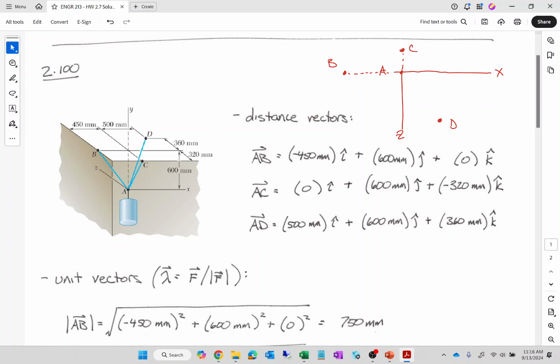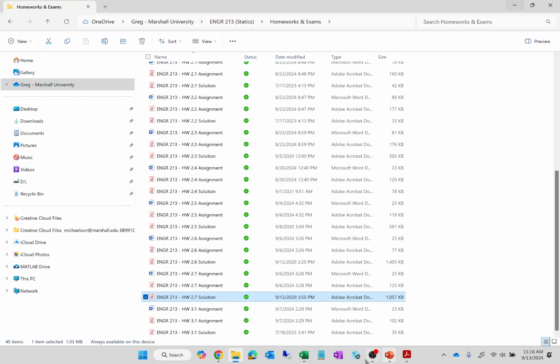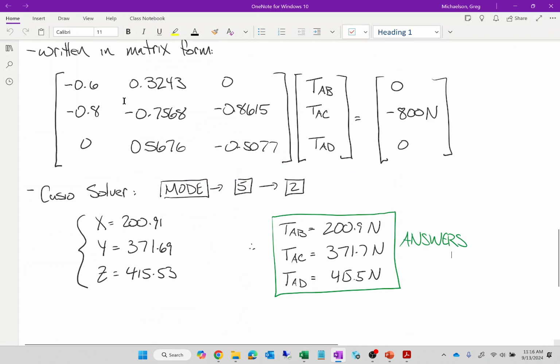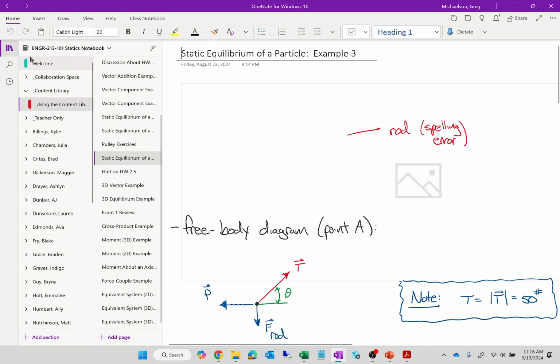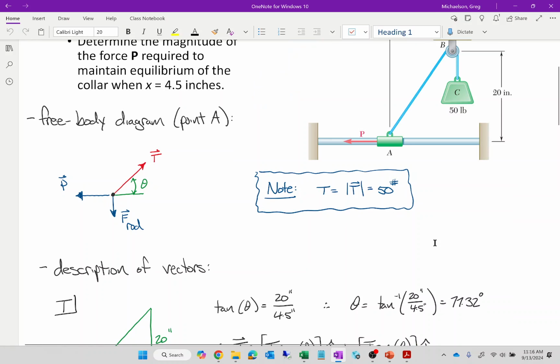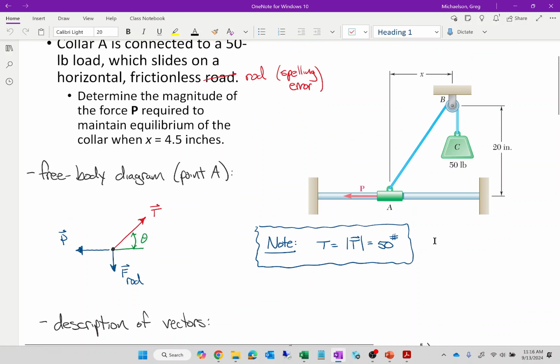You had a question? Remember the example that you posted after class? It was on lecture 8 because you wanted to tell us about the hint for the homework instead. Oh, yes. I looked at it, and I was just confused about how we knew where that extra F rod force came from. Oh, okay. So here's the example.